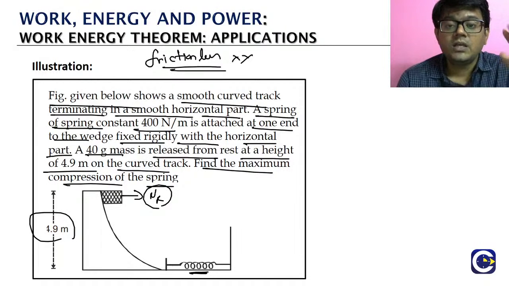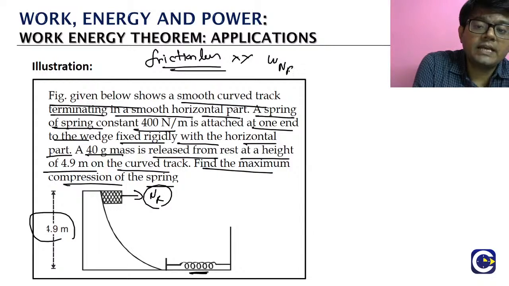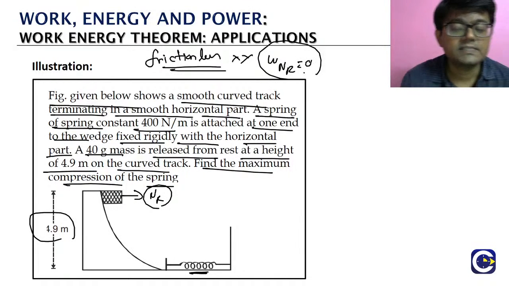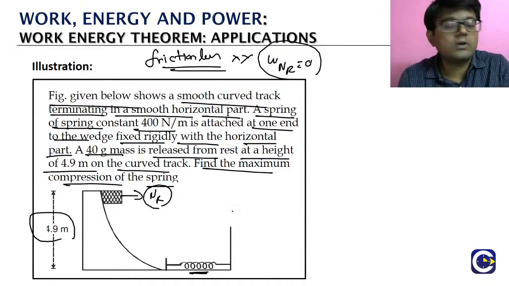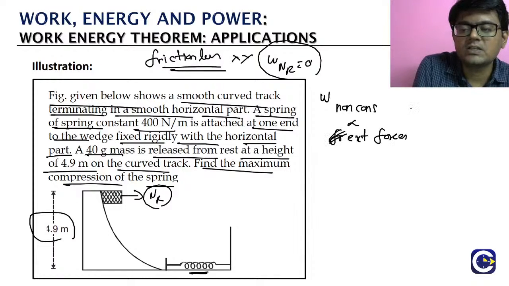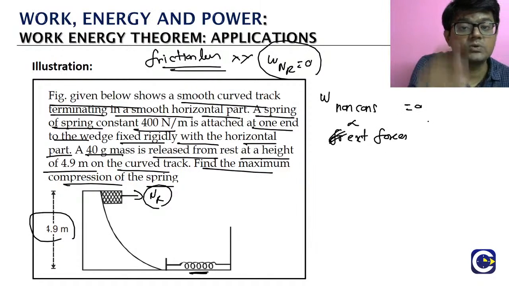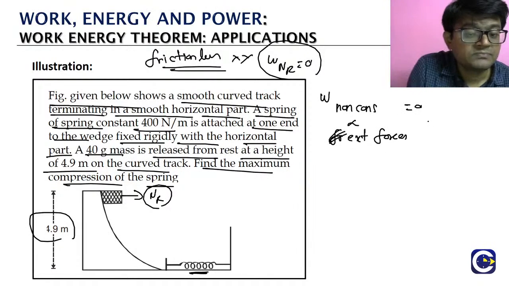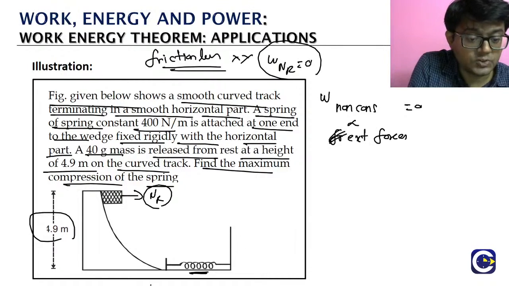When the object is moving along the curved surface, the work done by the normal reaction is equal to 0. So here we don't have any work done by non-conservative forces or other external forces, which means we can use the conservation of mechanical energy principle.